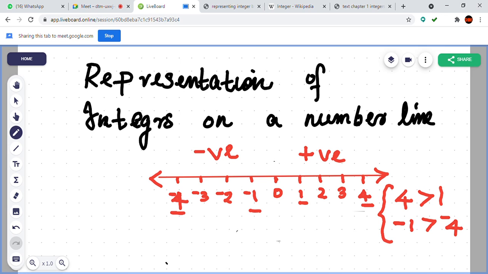Write this down: 4 greater than 1 and -1 greater than -4. Then below you write, compare the following. The next heading you can give: compare the following.